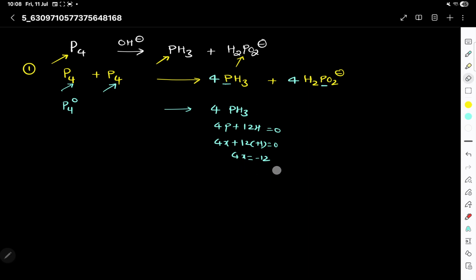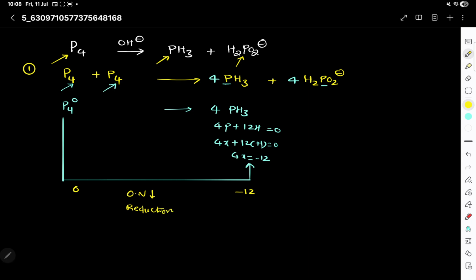Because I have 4 phosphorus atoms and 4 phosphorus atoms in the product side also. So 0 to minus 12, the change in oxidation state is 12. The oxidation number decreases, that is called reduction. How many units? 12 units decrease. This is for one P4 going to PH3.